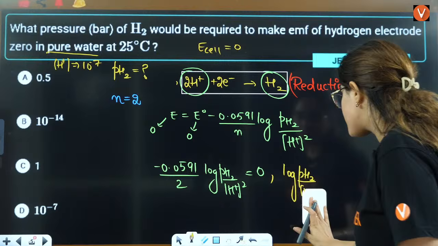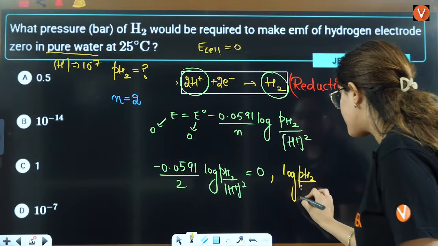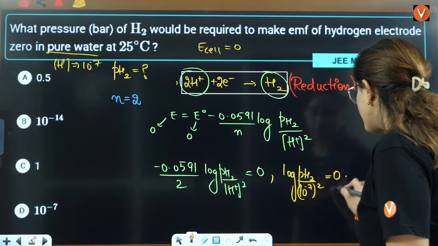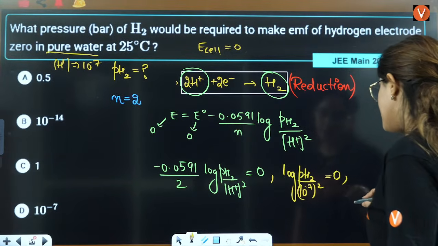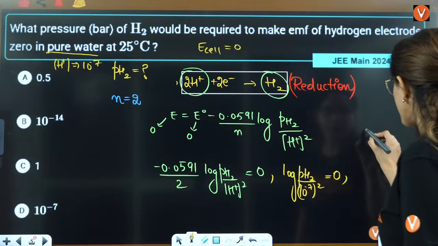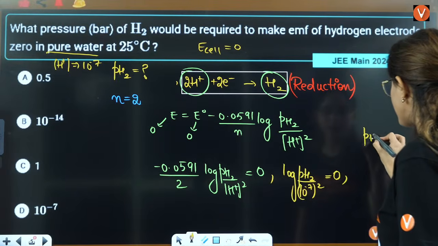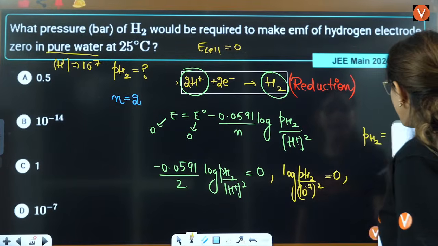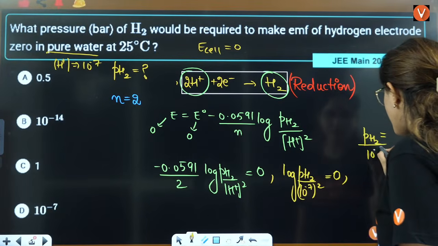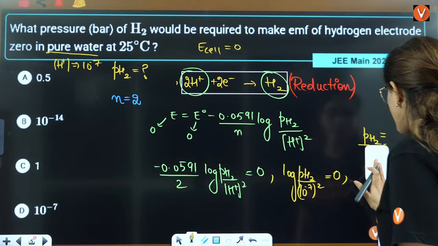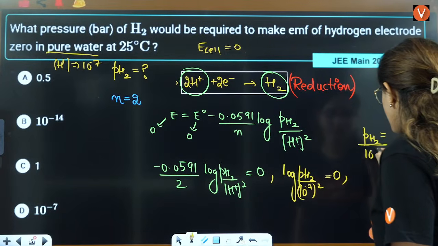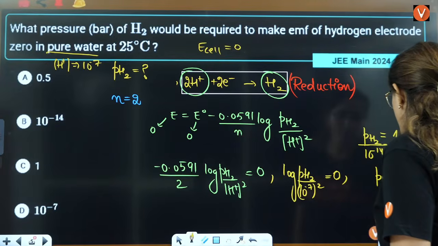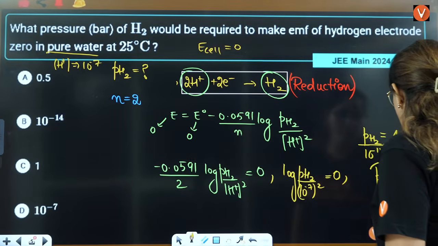This H positive is going to be 10 raised to power minus 7 squared. If this log is going to be 0, that means PH2 divided by 10 raised to power minus 14 is going to be 1. That means the pressure of H2 is going to be 10 raised to power minus 14.